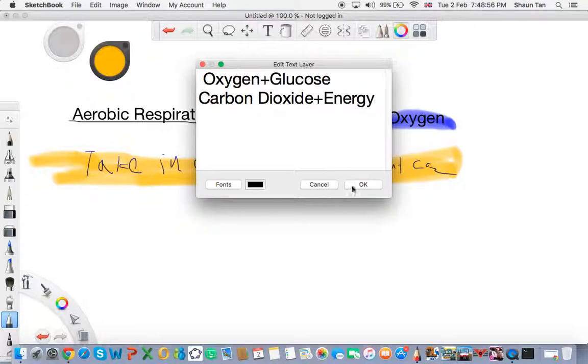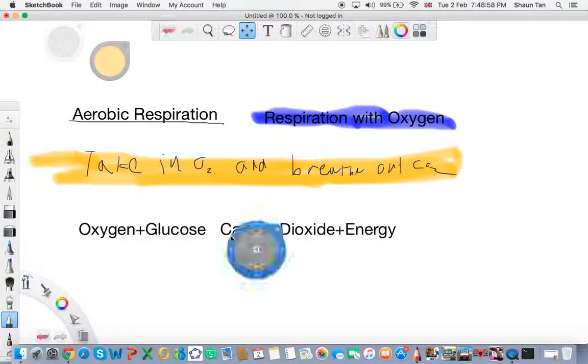And then next slide we'll talk about what energy is needed for. So yes, oxygen plus glucose gives carbon dioxide plus energy. And carbon dioxide is a gas that we breathe out, and oxygen is the gas that we breathe in.